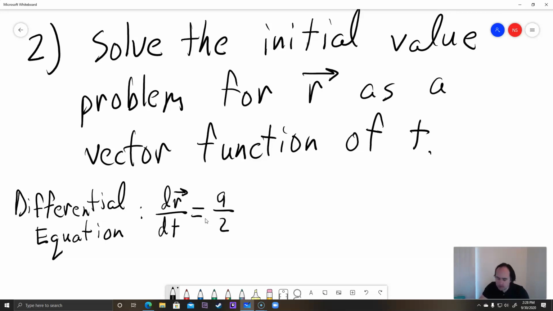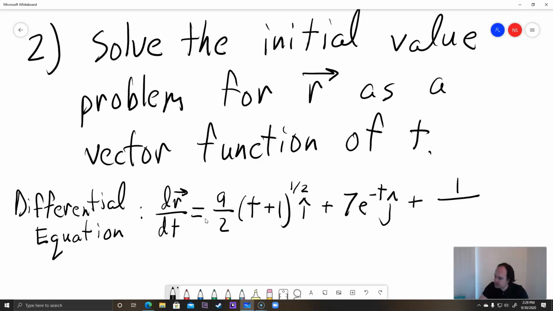9/2 times the quantity t plus 1, quantity to the 1/2, times I. Okay, so that's our first component, plus 7 e to the negative t times j. That's our second component, plus 1 over t plus 1 times k.